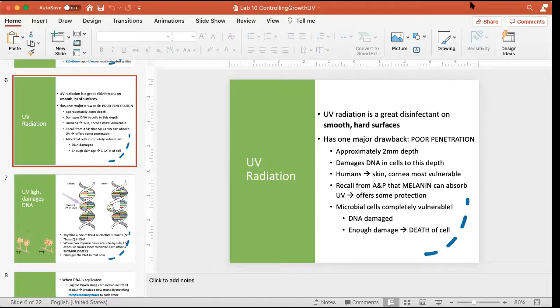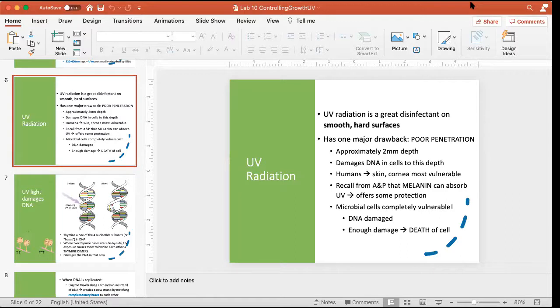So it's not like X-rays, it's not like gamma rays, it's not an ionizing type of radiation that just goes right through the human body, for example. It's a type of electromagnetic radiation that can penetrate only to 2 millimeters of depth. So for us as humans, the cells that are vulnerable to ultraviolet radiation from the sun are the cells on the outside of our skin and the cells in the outer layers of our cornea.